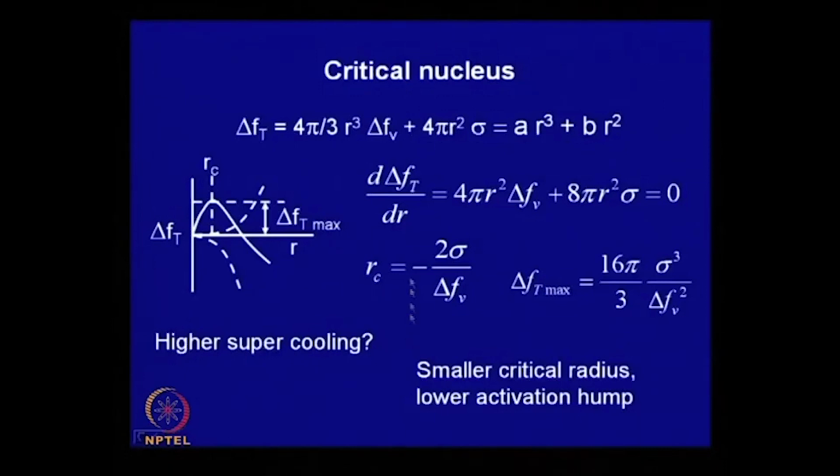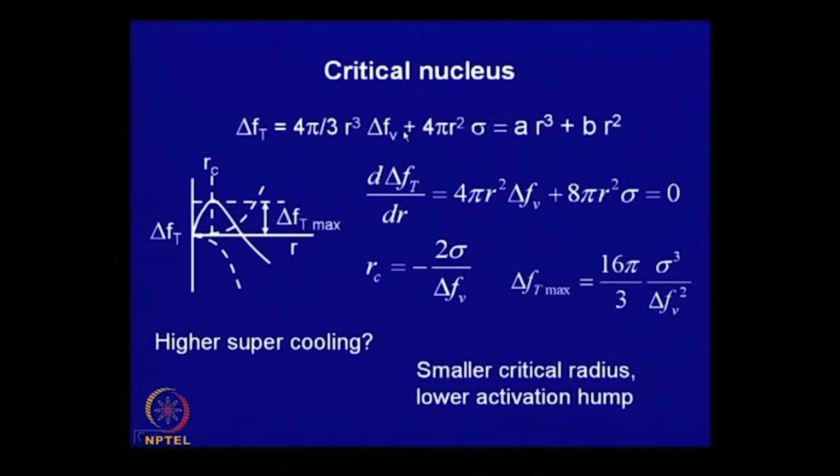Now, let us try and find out the concept of critical nucleus size. This is the expression for the total energy of transformation, and it is a strong function of the dimension of the nucleus.